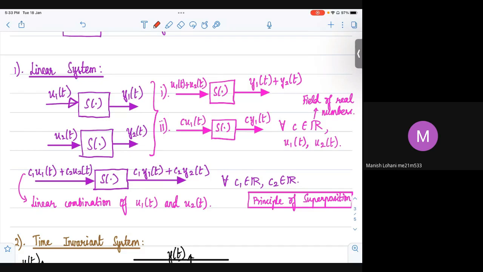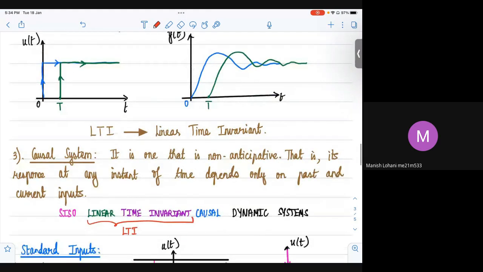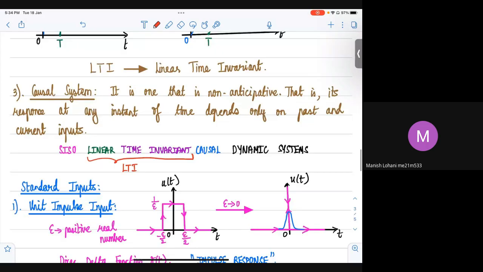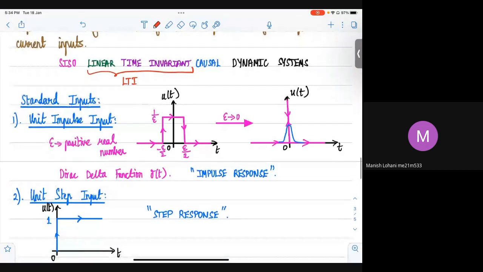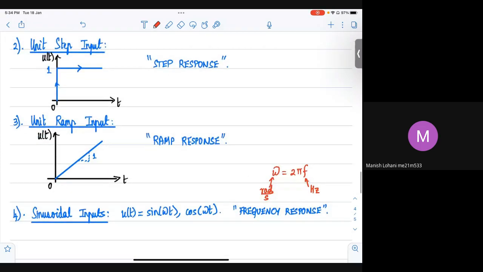So consequently, we study the response of the system to these individual inputs, and in practice, most inputs can be written as some linear combinations of the impulse, the step, the ramp, and so on. So if we know the output to the individual inputs, we can always figure out the output to any arbitrary input. Okay, so that is point number one.